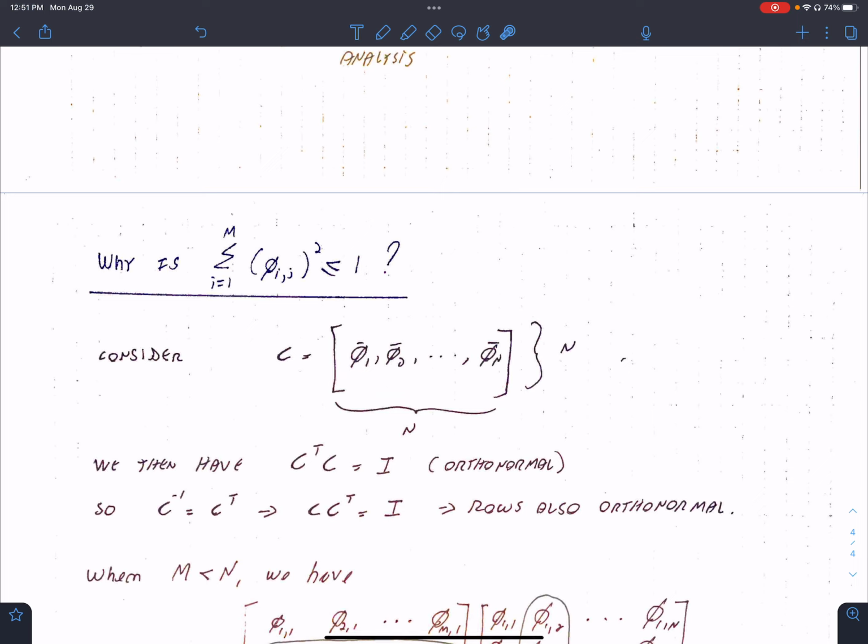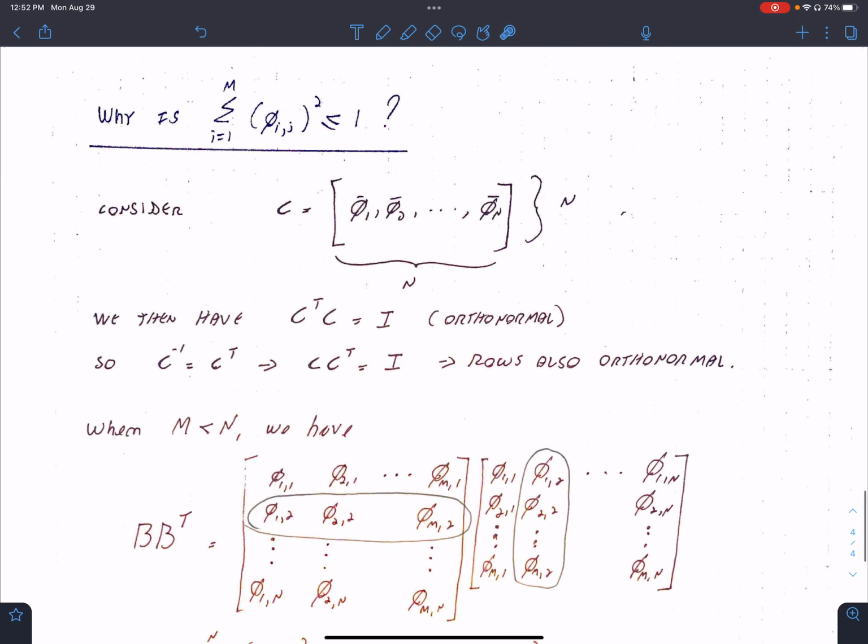If I have vectors of n dimensions, and as many points as I have dimensions, the size of the vector and the number of vectors are the same, and I'm going to call this n. Then, once again, these are orthonormal, so C transpose C equals I, which means the inverse is C transpose, so C times C transpose is again I.